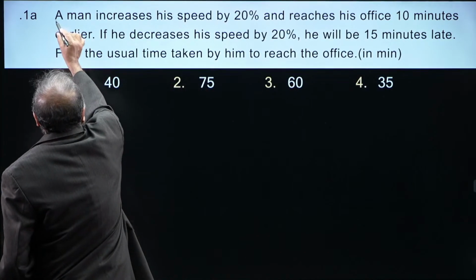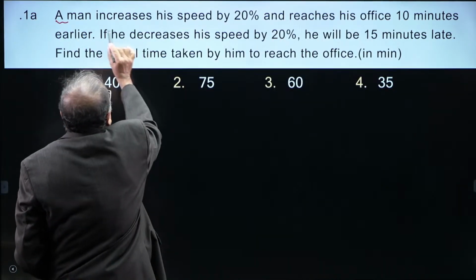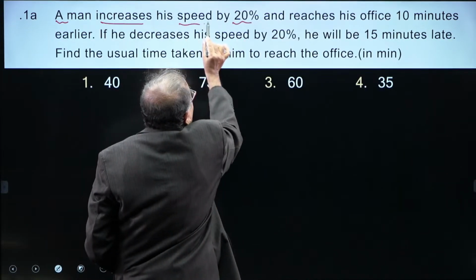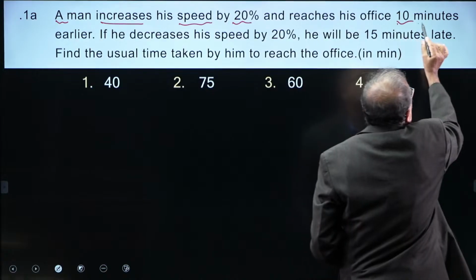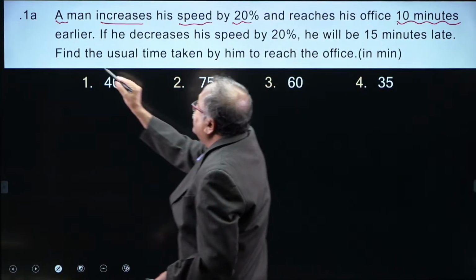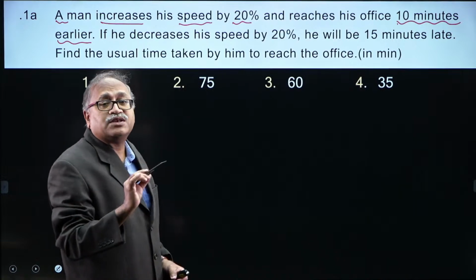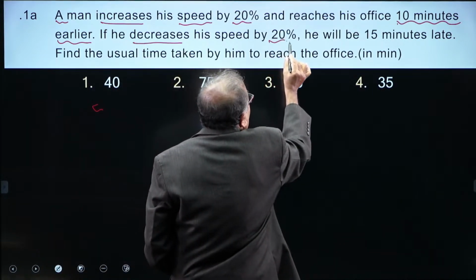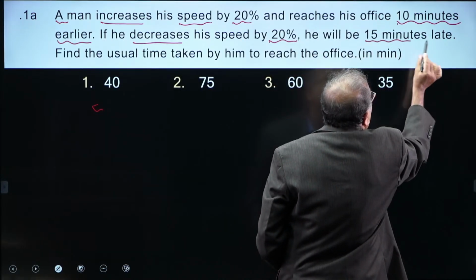I can see the very first question, ignore the number and all, right. A man increases his speed by 20% and reaches the office 10 minutes earlier. This is a very common type of question which comes in the exam. If he decreases his speed by 20%, he will be 15 minutes late.